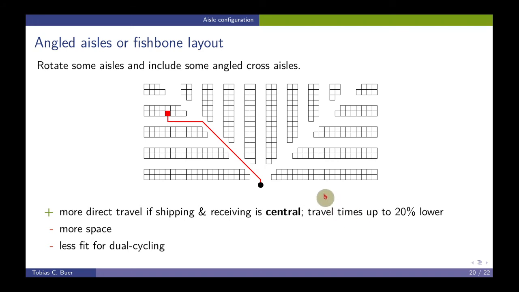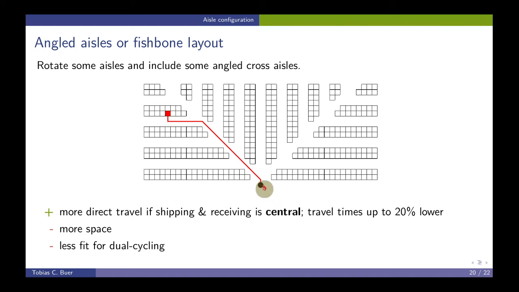You see that we have now some of the storage locations rotated by 90 degrees, and we have a couple of cross aisles in this 45-degree angle that runs through the warehouse. And this gives us, to many locations, a more direct direction of travel, which reduces the travel cost.